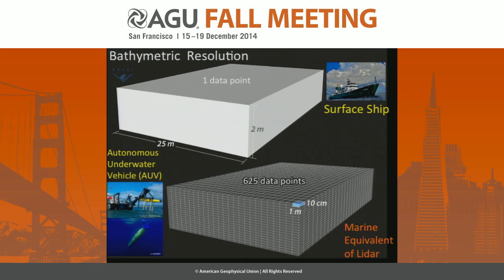But with an AUV, which is flown down near the bottom, carrying the sonar closer to the source, we can now routinely collect bathymetry that has a pixel size of 1 meter with a vertical resolution of 10 centimeters, and this is getting into the realm of flown LiDAR surveys on land.